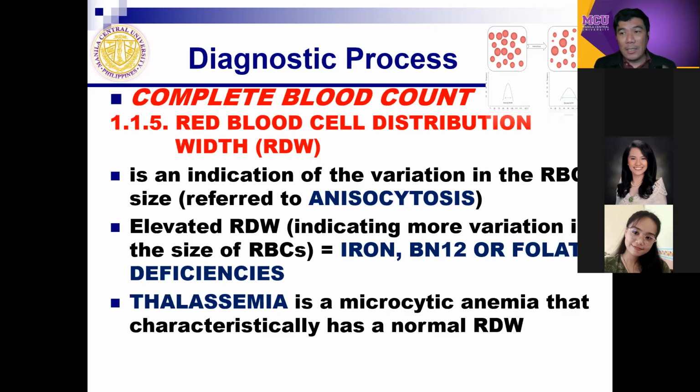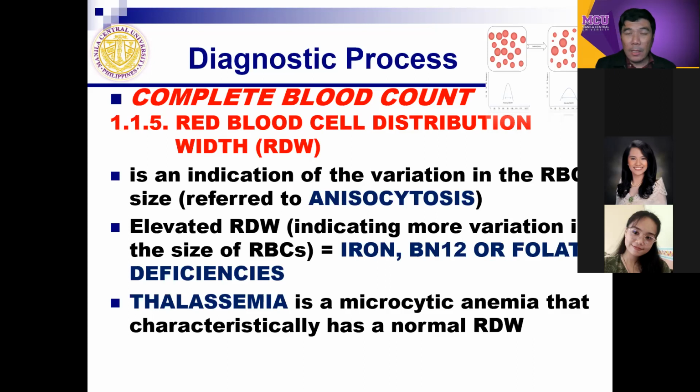The size of the cell. Usually the size of the cell is uniform, right? But there are some instances, for example in microcytic anemia, where generally you could see a small size of the RBC.